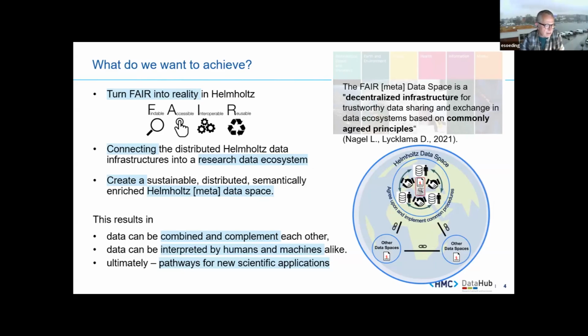Once we have created this metadata space, we can combine and complement the data. It can be interpreted by humans and machines, and we can open pathways for new scientific applications. We also have AI groups who are waiting for us to set up this data space. This is a big motivation for everybody to do that.